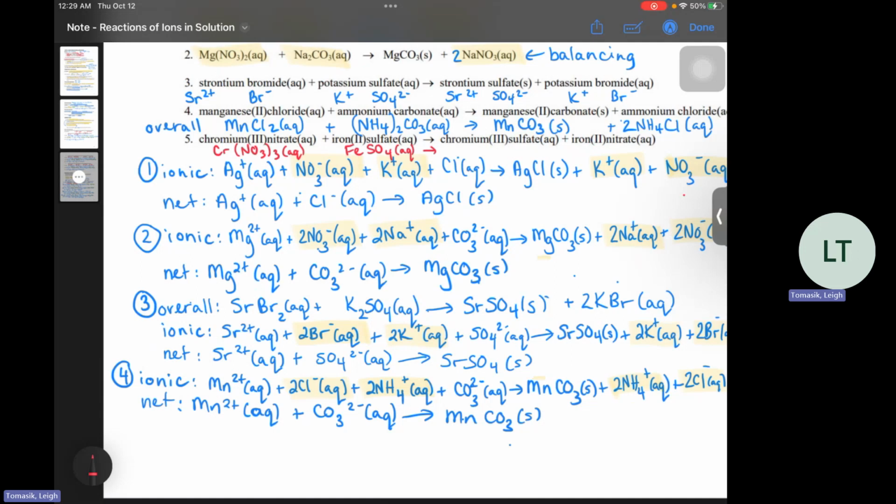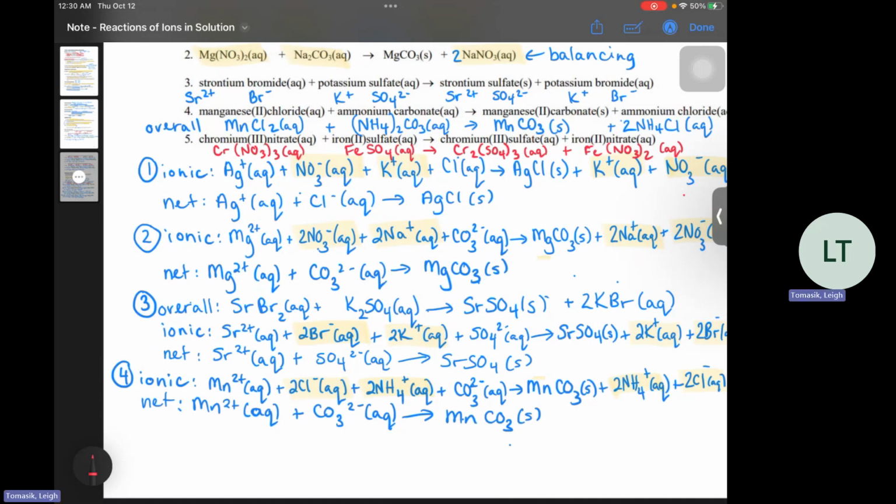Chromium 3 sulfate is going to be Cr2(SO4)3 aqueous, plus iron 2 nitrate is going to be Fe(NO3)2 aqueous. Is this thing balanced? It is not.